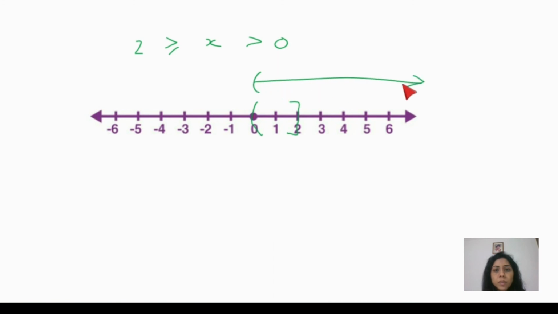More than 0 and less than or equal to 2. So here the overlapped area is this one. So 0, 2, 2 included, 0 not included. So this is our answer.